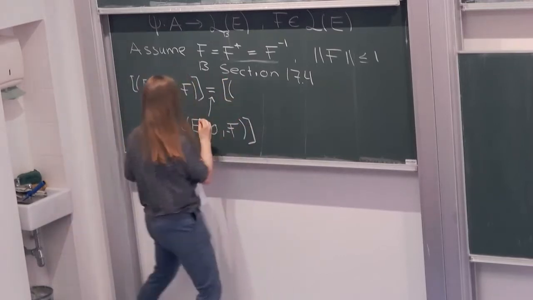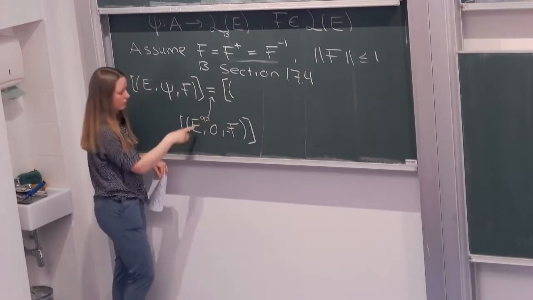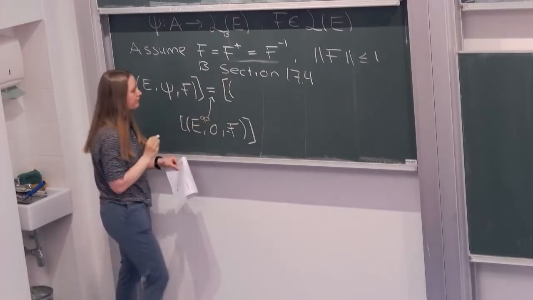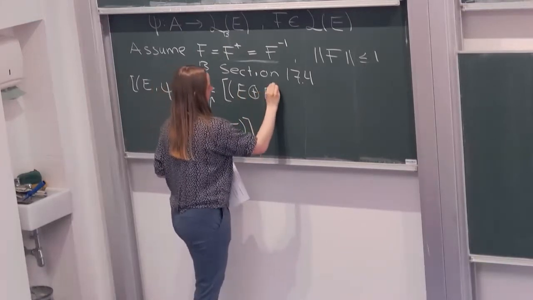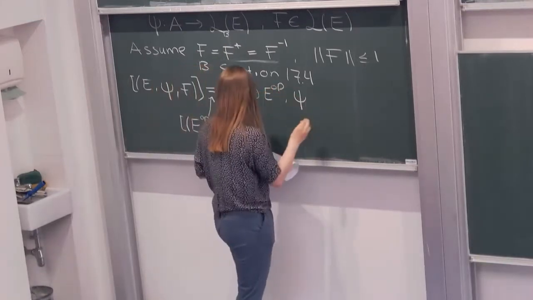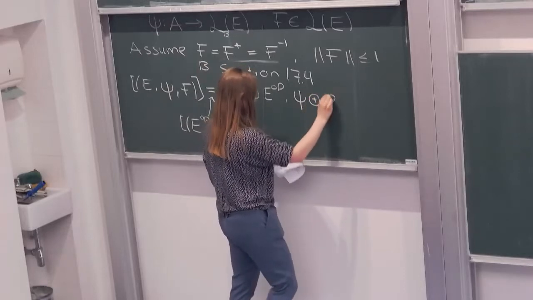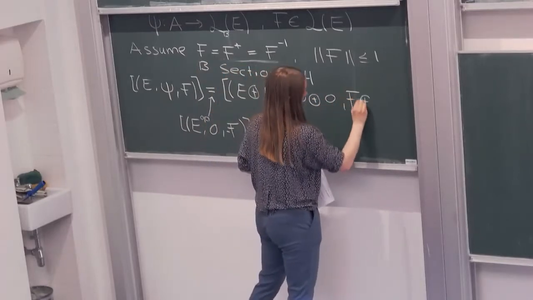Sorry, I want here E up, so E with the upper grading. If we add this, then we get E plus E up, psi plus 0, with operator F plus minus F.